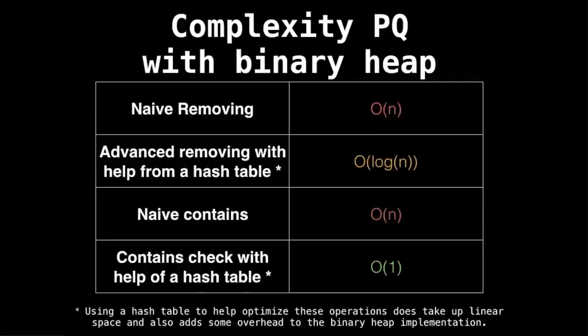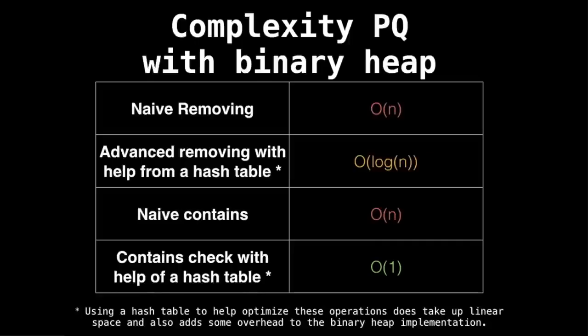So the naive way of removing an element in a heap is to do a linear scan to find the item's position and then remove it. Well, the problem with this is it can be extremely slow in some situations, especially if you're removing a lot. But generally you don't do this and it's not a problem, which is why most implementations are just lazy and do the linear scan solution.